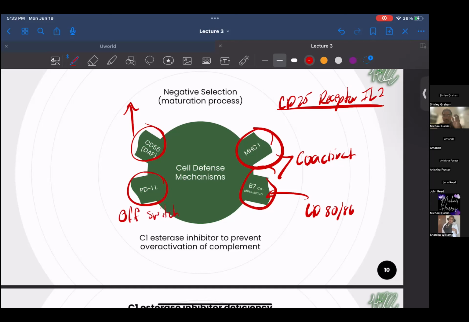So what happens if we form an antibody that binds to the off switch? What will happen?